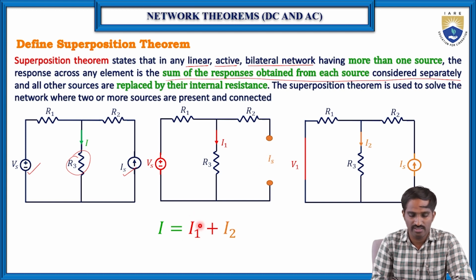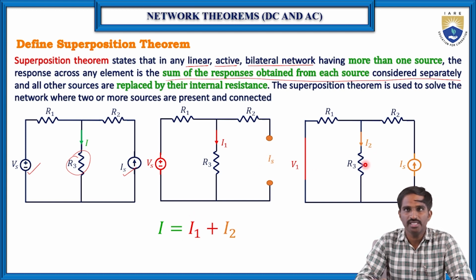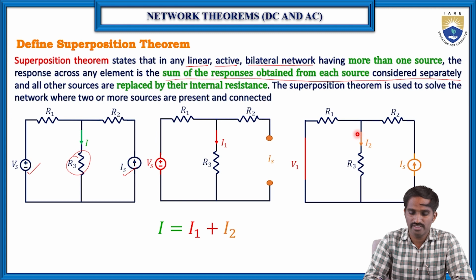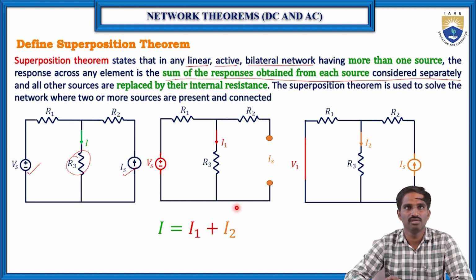Then we got the current I1. In the second case, we considered only the current source, and the voltage source is replaced with a short circuit, and we find the value of I2, the response in the same element. Then I is equal to I1 plus I2.